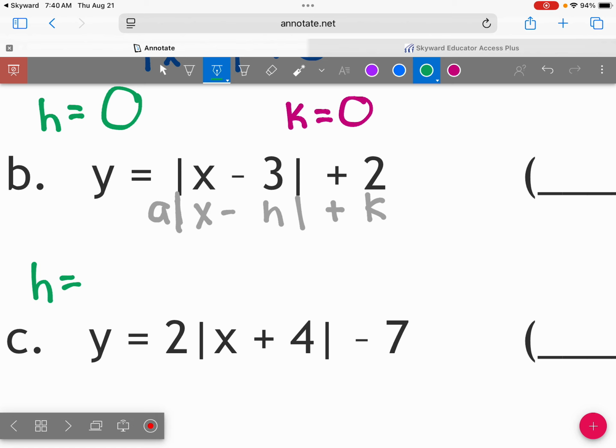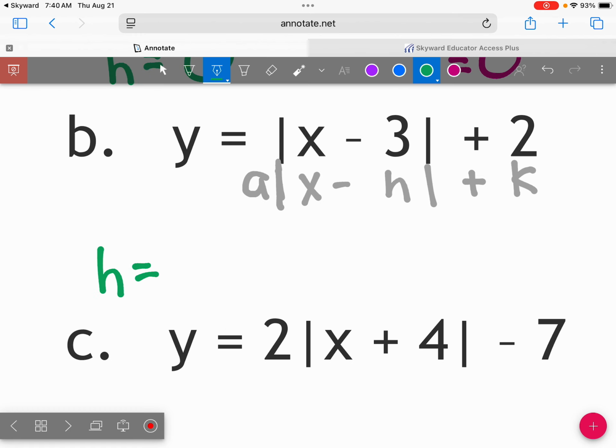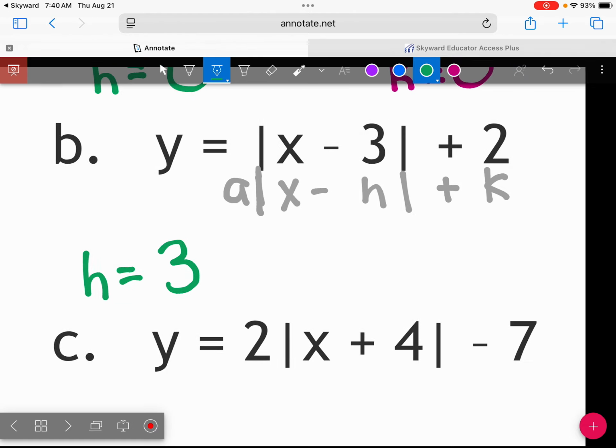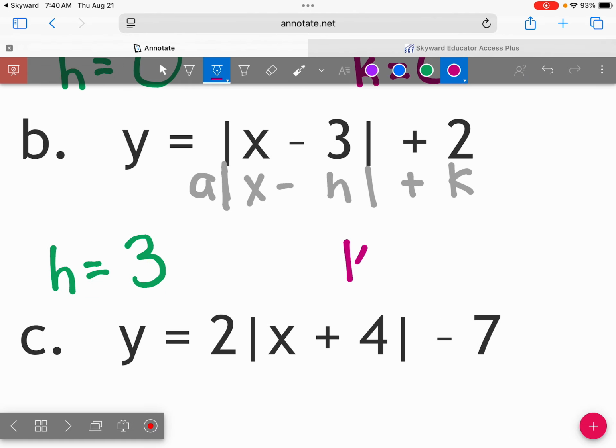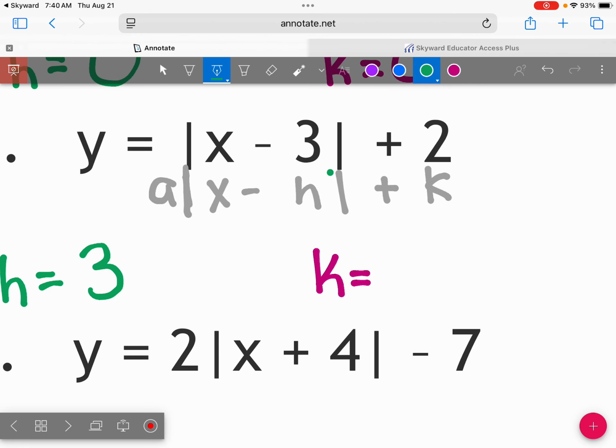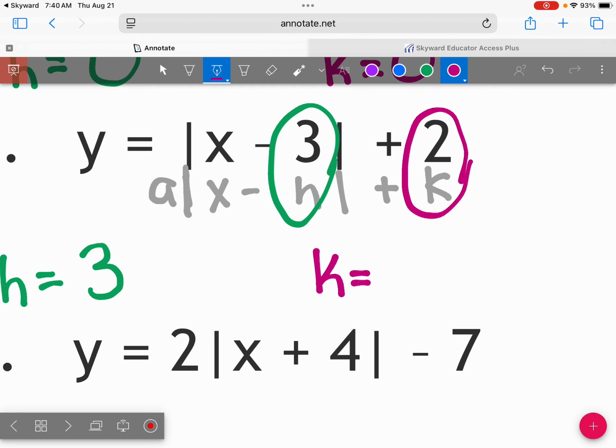So this is a minus, means this guy's going to be a plus. And that will remain true every time we use h. It's always going to have the opposite sign of its expression. So our h here is going to be a positive 3. What's our k? Let's say our h came from here, our k from here. So it's a positive 2.